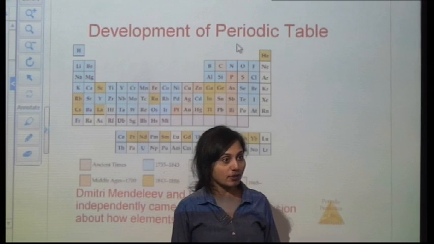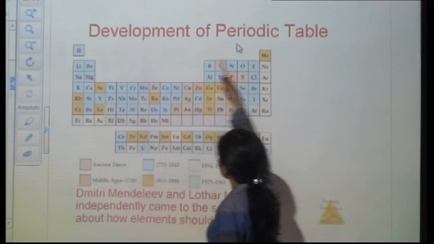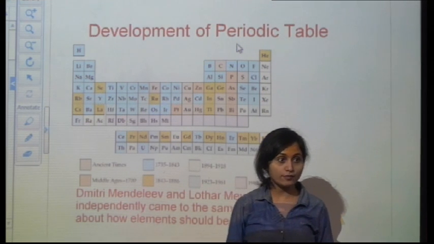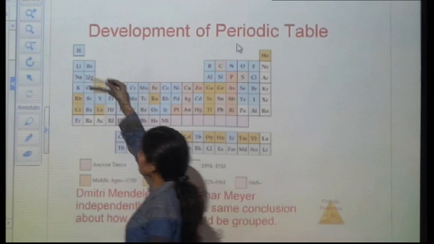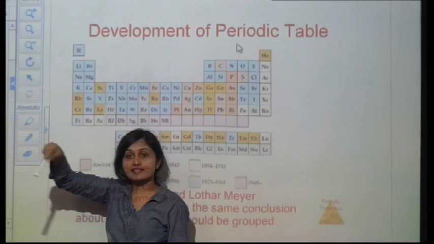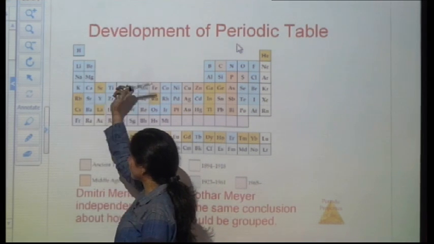What is common when you are talking about the periods? We are talking about the same shell. As we move from first period to second to third period, one shell is getting added. So first period done, second period done, third period.